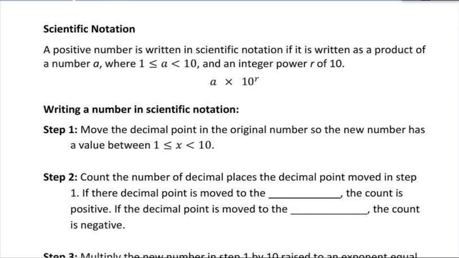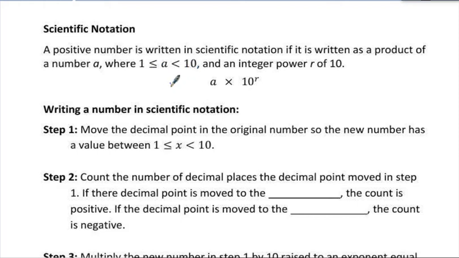First, scientific notation. This is going to be a positive number that is a product of a number a, where a is between 1 and 10. Notice it can be 1 because it's or equal to, but it cannot be 10.